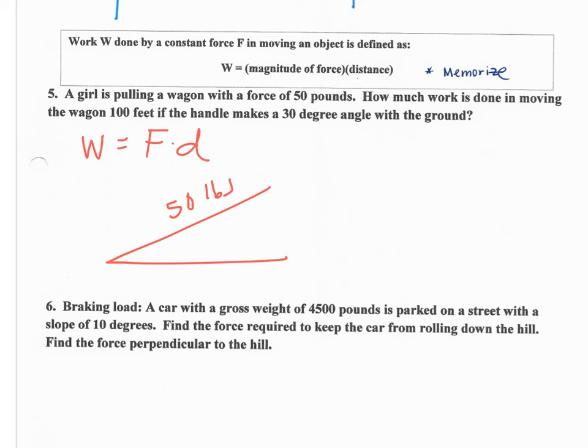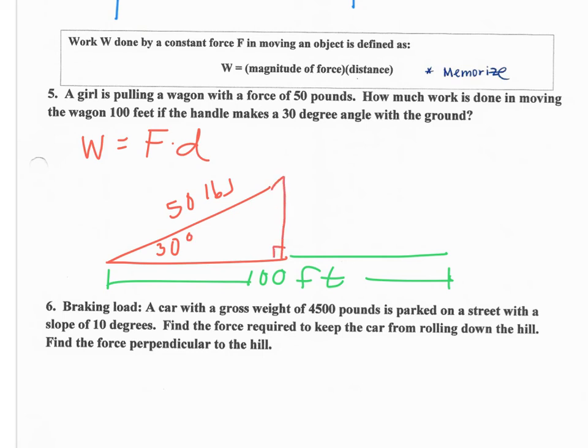Now, I'm going to draw my 100 out this way, and I'll explain that in a minute. But 100 feet is the distance I want to move this thing. Okay? And this wagon makes a 30-degree angle with the ground, so 30 degrees. So now what I'm going to do is I'm going to kind of stop my red triangle like this. And what I want to talk about is this formula. Work is force times distance.